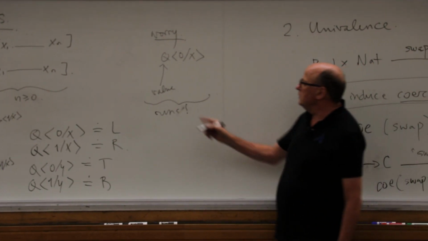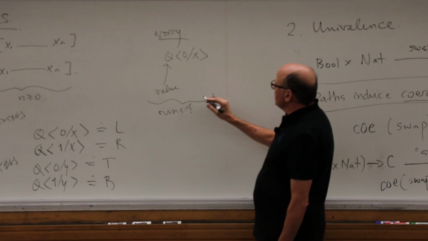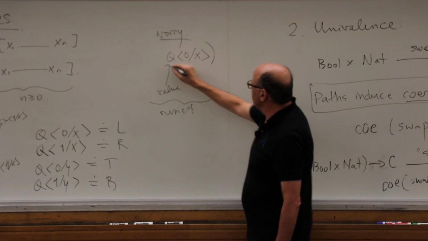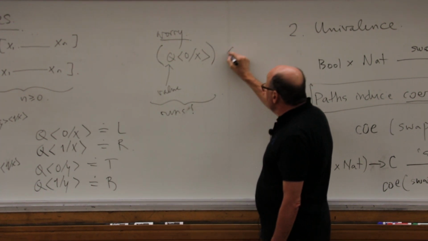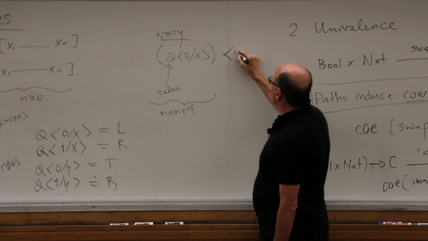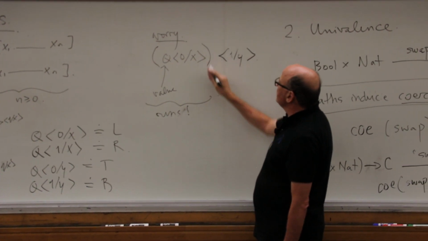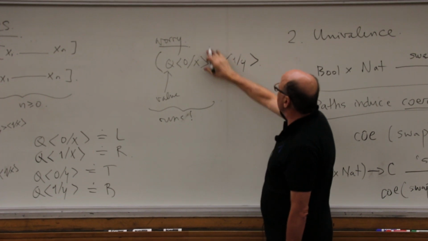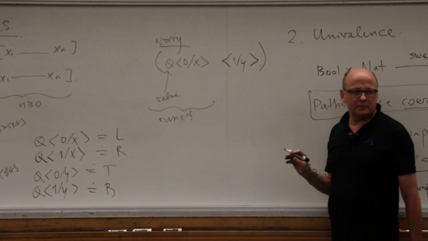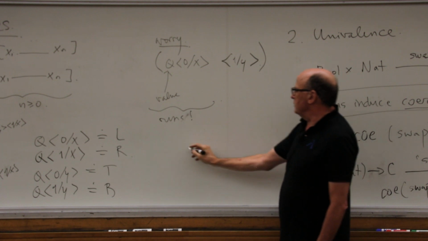You have to run it. So if I take this and compute, say, 1 for y on here, that has to be the same as if I simultaneously plug in 0 for x and 1 for y and then compute that answer. And that's called coherence.